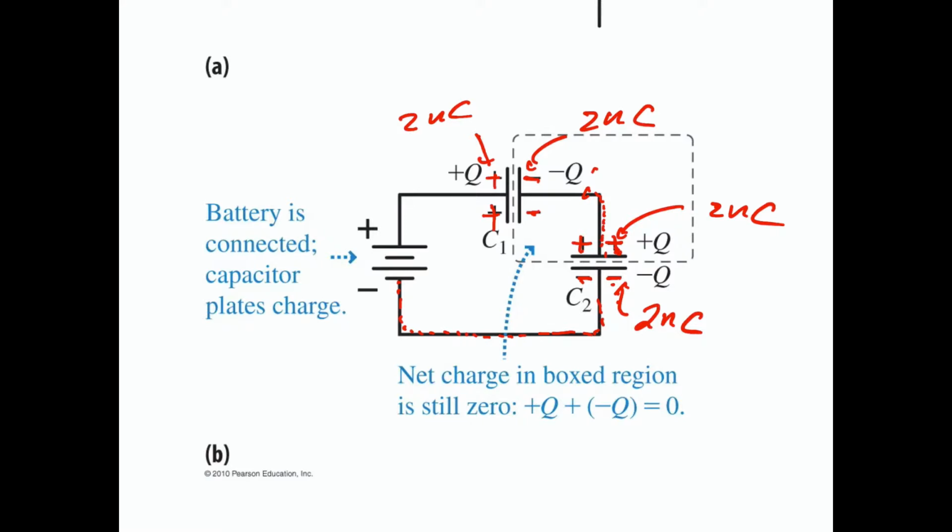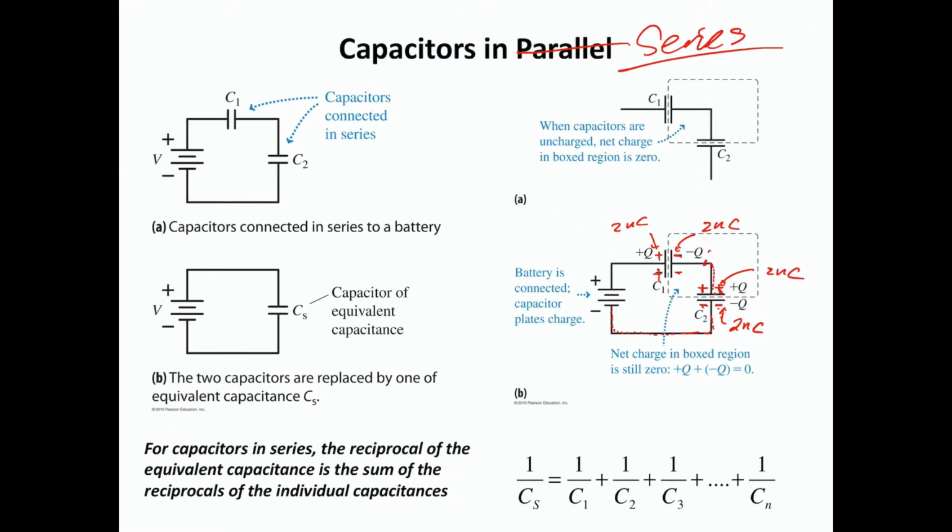They're all the same. Can you see it? So if you connect capacitors in series, this time they don't have the same voltage, but they have the same charge. This is important.